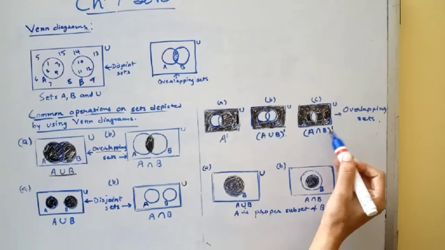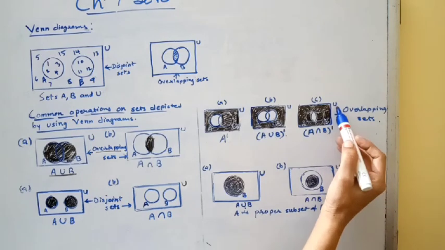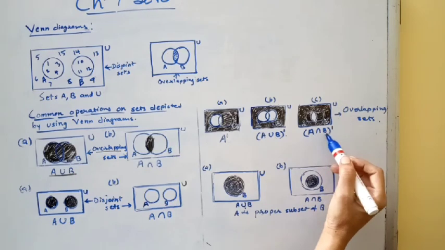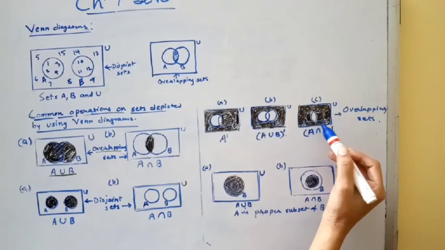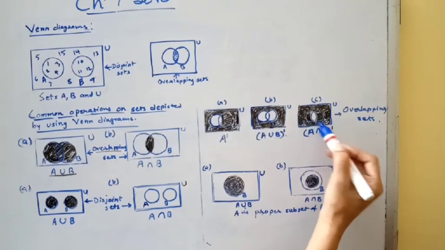As A intersection B complement contains all the elements of U except A intersection B, we do not shade the portion A intersection B, and the rest of the portion we shade here.